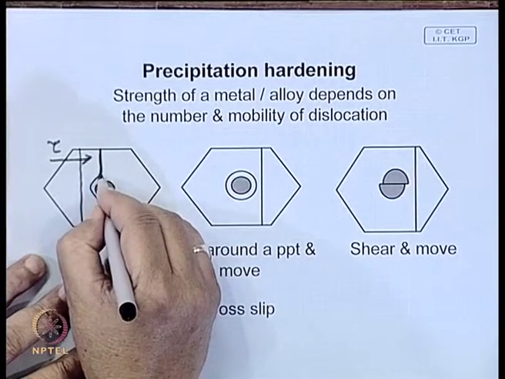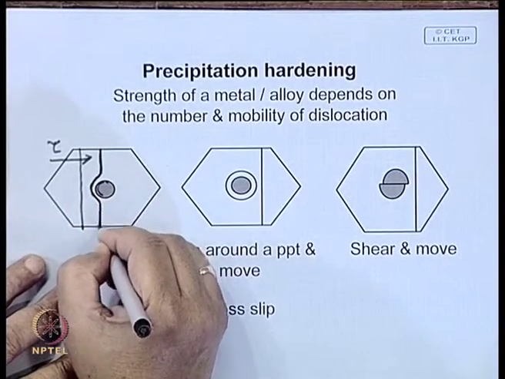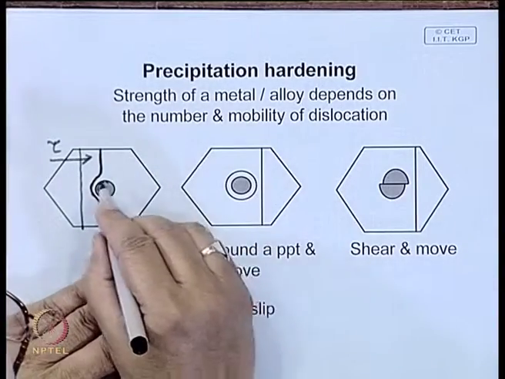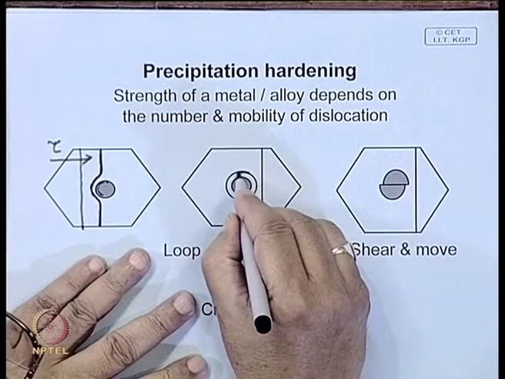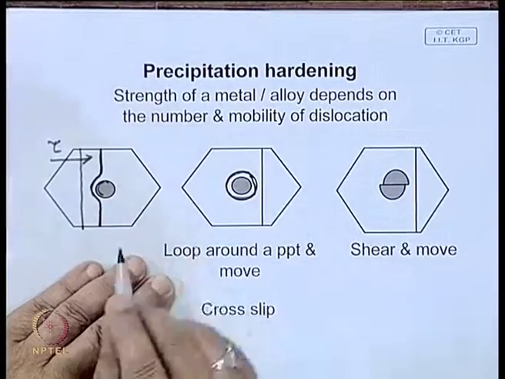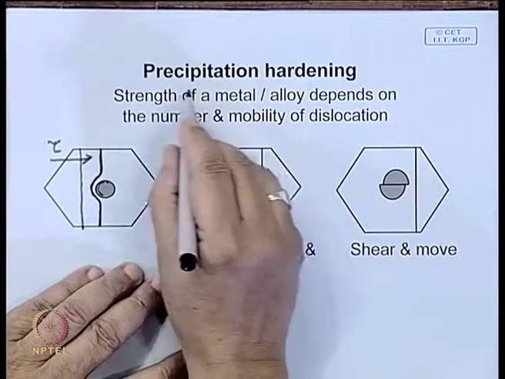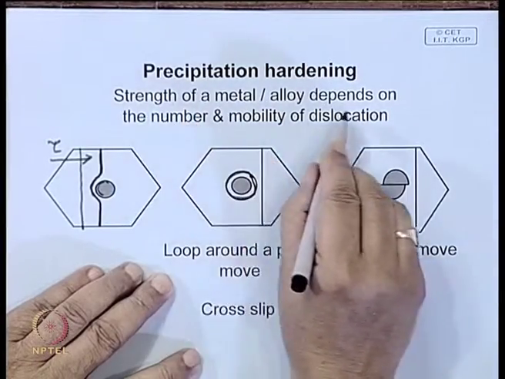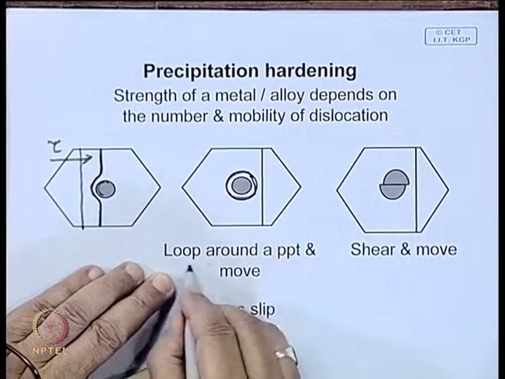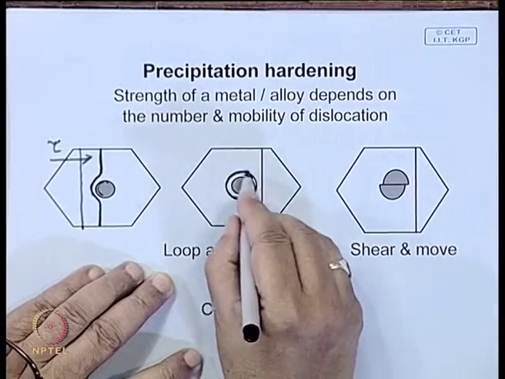When it comes near, it becomes bent, and after that one possibility is it can cross this and leave behind a loop. So, one mechanism of dislocation movement in a precipitate containing alloy is looping around a precipitate.